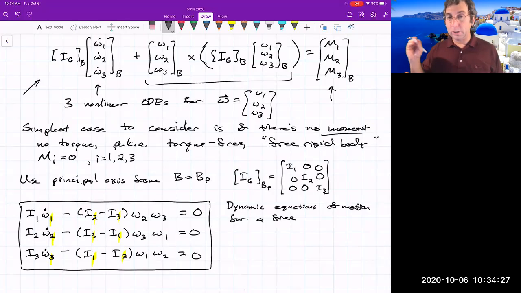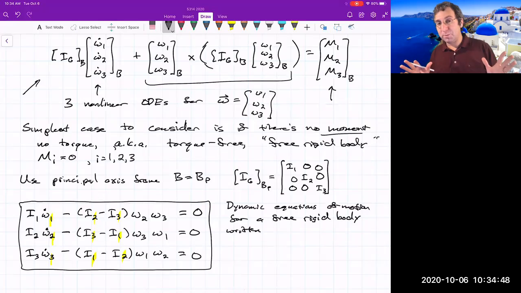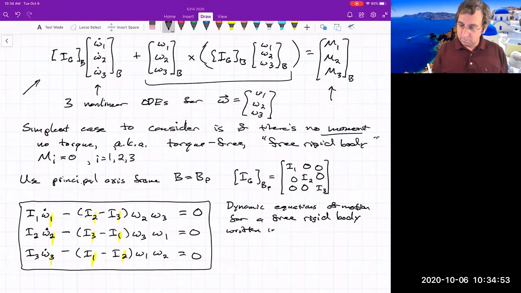Sometimes when people say Euler's equation or Euler's equations, they might mean this very specialized case. We could have chosen something that wasn't a principal axis frame and we'd have a bunch more terms, but why not use the principal axis frame? Then you minimize the number of terms you have. So this is what we get.